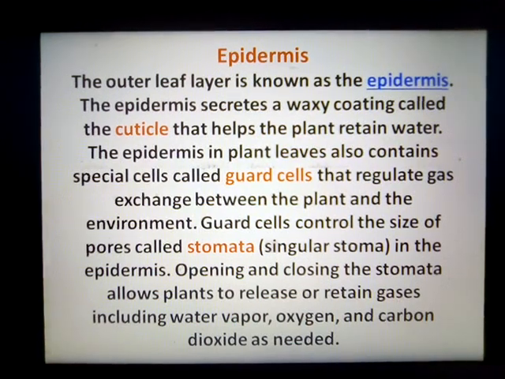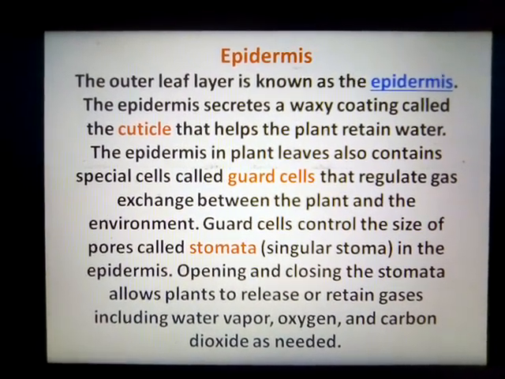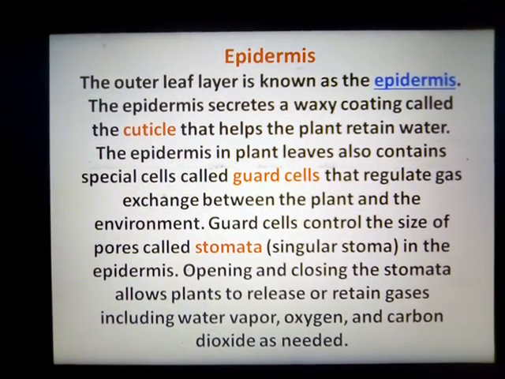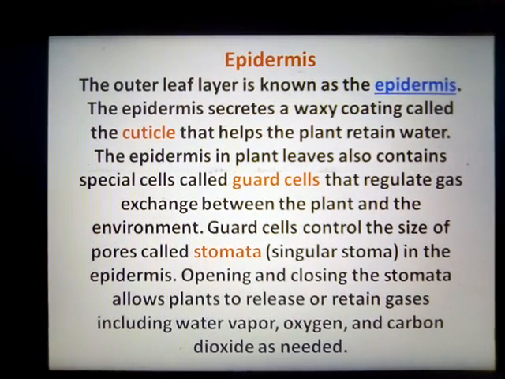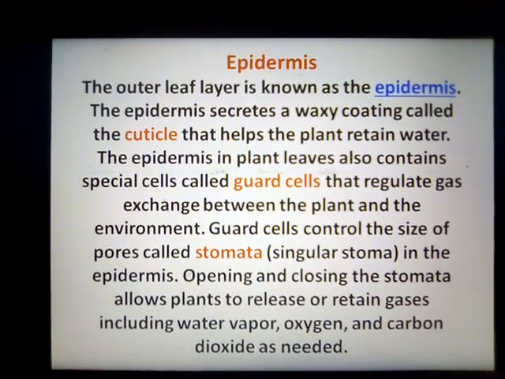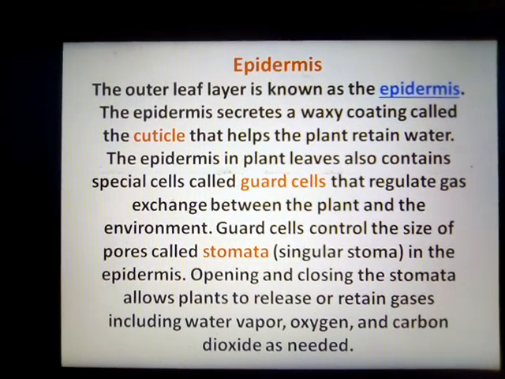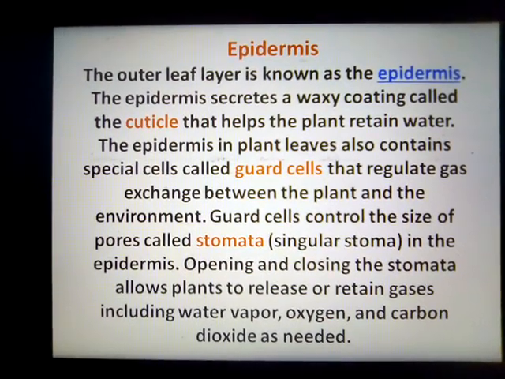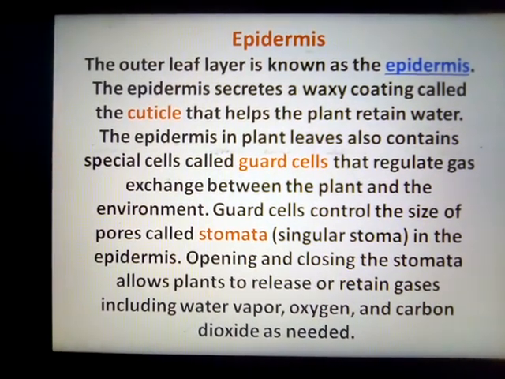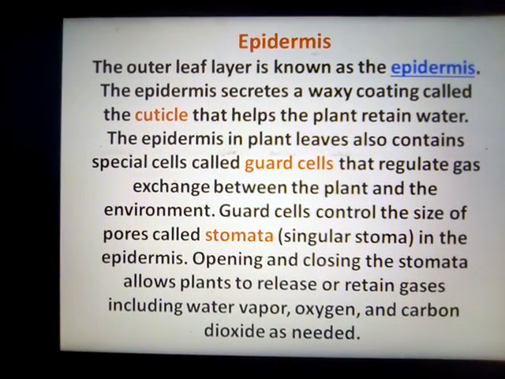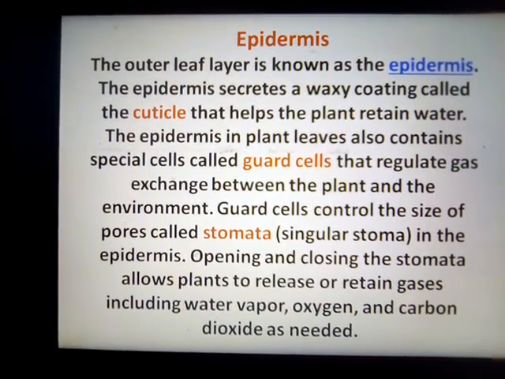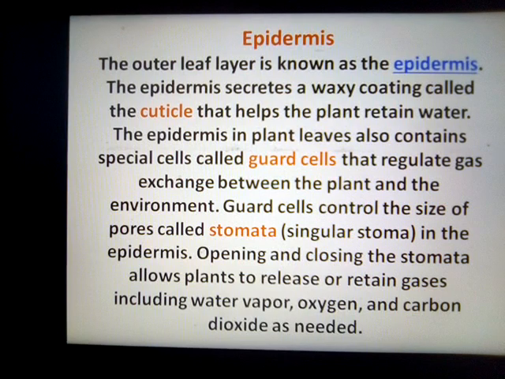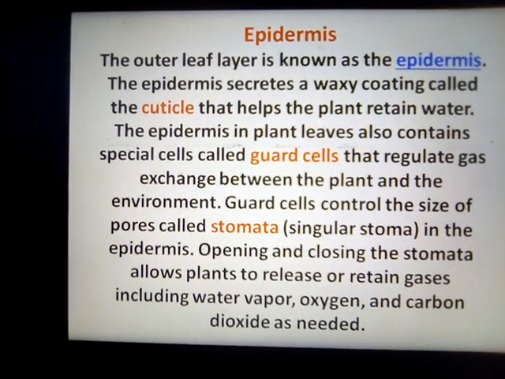The epidermis. The outer leaf layer is known as the epidermis. The epidermis secretes a waxy coating called the cuticle that helps the plant retain water. The epidermis in plant leaves also contains special cells called guard cells that regulate gas exchange between the plant and the environment.